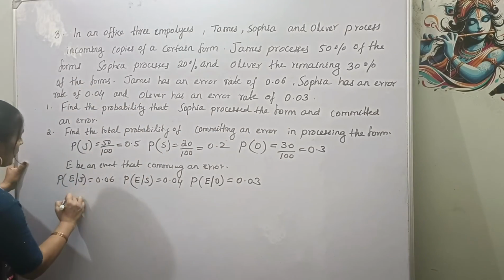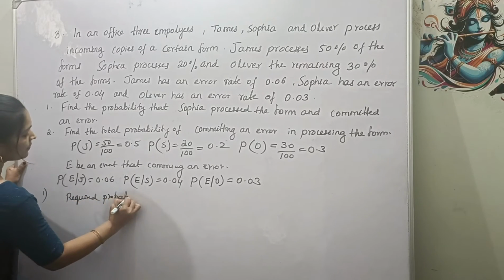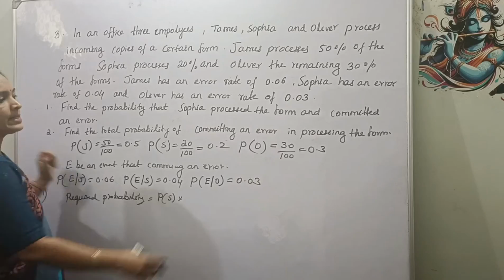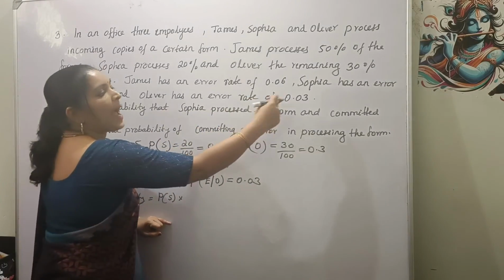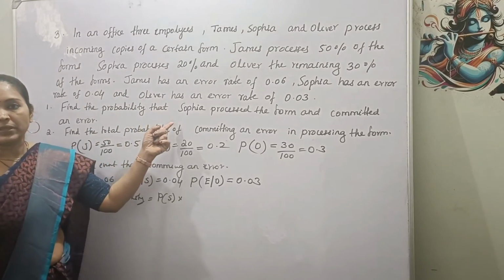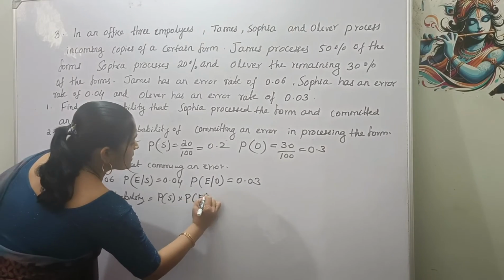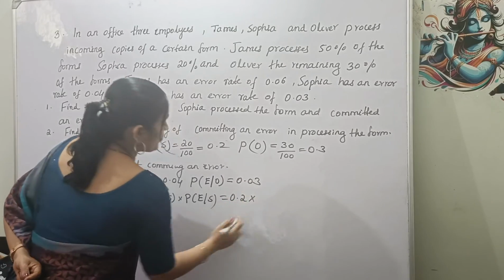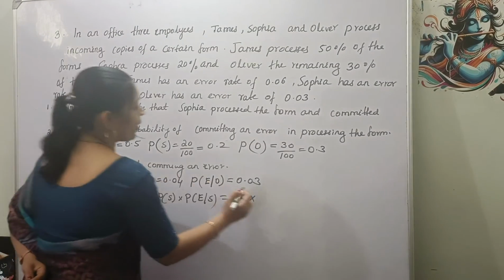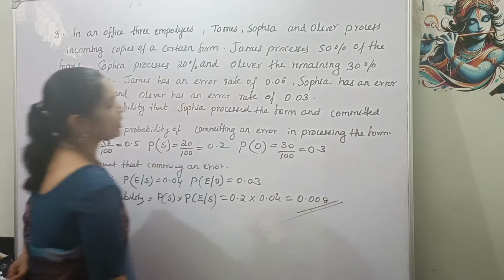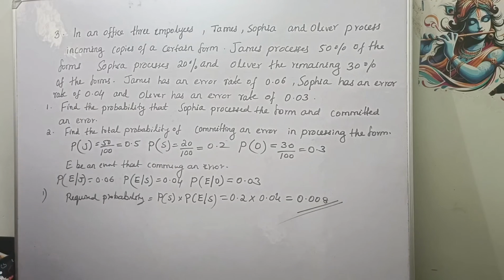The required probability is equal to probability of S into probability of E given S. That is equal to probability of S, 0.2, into probability of E given S, 0.04, that is equal to 0.008. So the required probability is equal to 0.008.